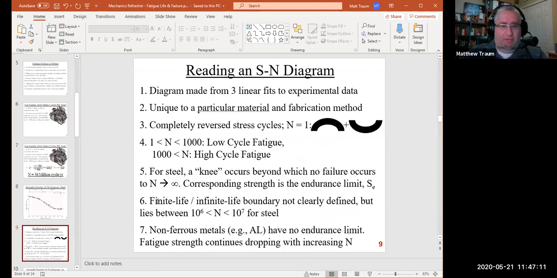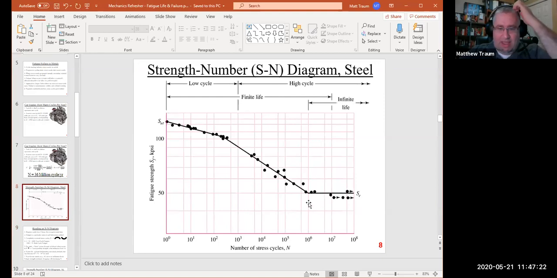So the finite/infinite life boundary is not clearly defined, but it lies somewhere between 10 to the 6th and 10 to the 7th for steel. So what that means is this is that point, right? That infinite life limit point. So infinite life up here. And so at least in this chart, based on their experimental data, they've found that it's about 10 to the 6th.